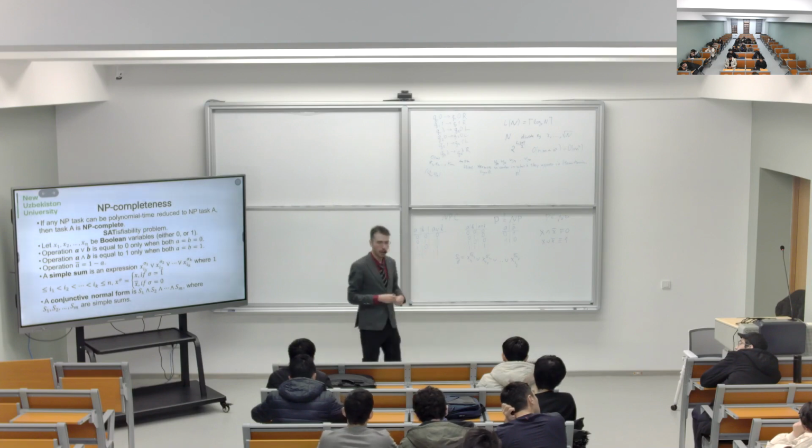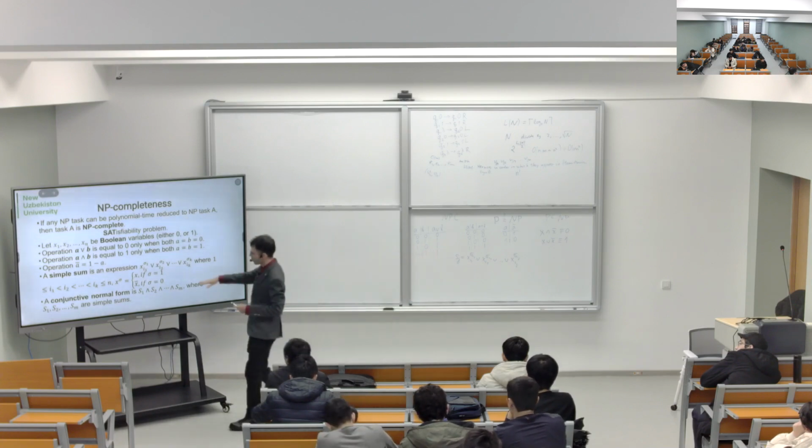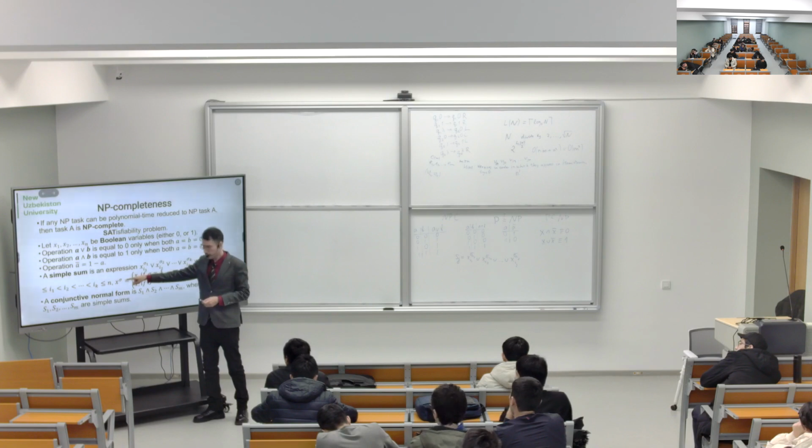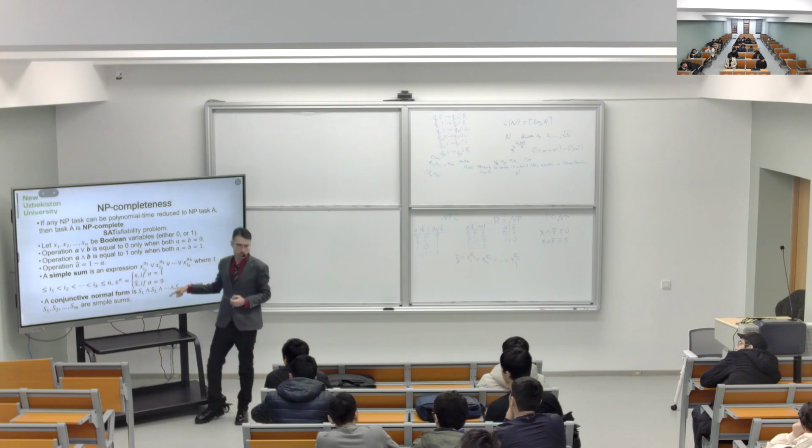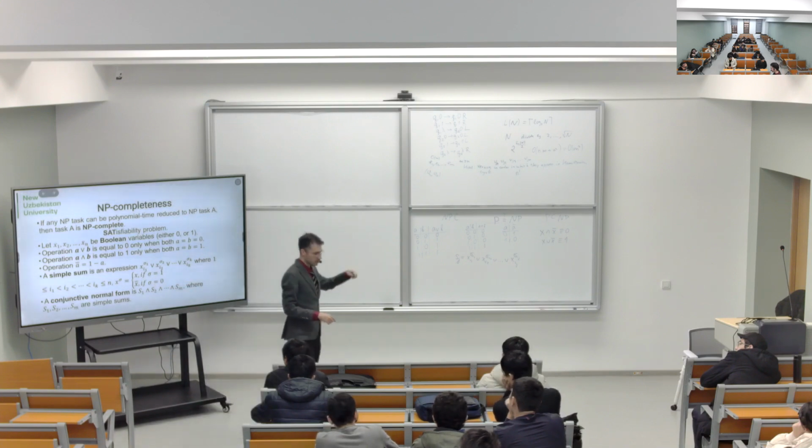What is power? It's that. x to the power sigma will be x if sigma is 1, or not x if sigma is 0. So it's just to represent the whole thing.